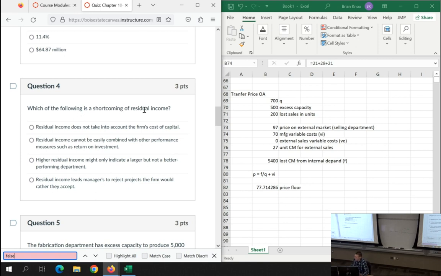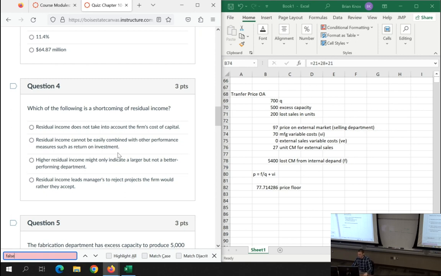Which of the following is a shortcoming of residual income? Residual income does not take into account the firm's cost of capital. It does. So that's untrue. Residual income cannot be easily combined with other performance measures such as return on investment. Actually, that's like the only way it gets used, as an add-on to return on investment.